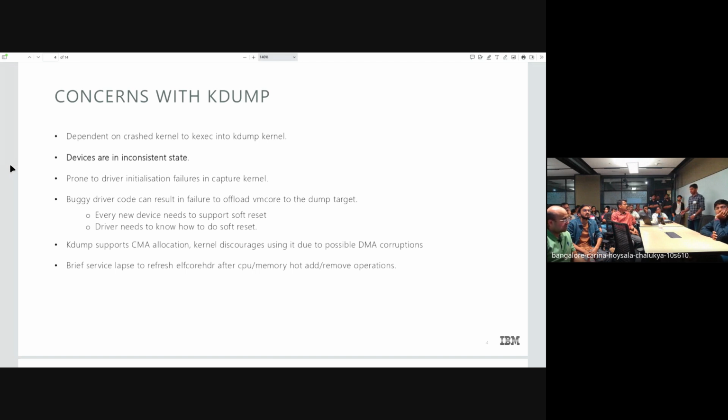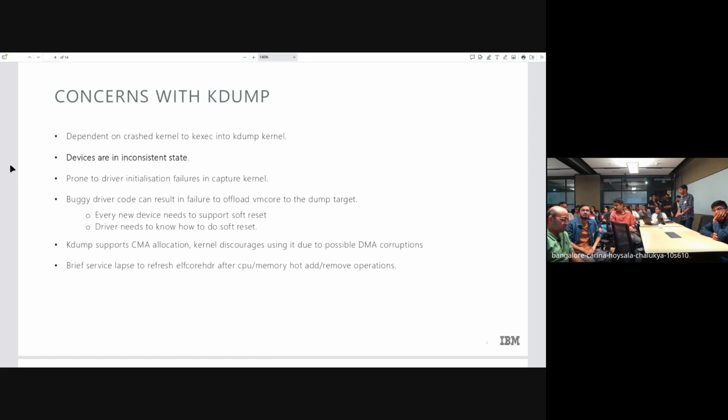The memory regions changed, the number of CPUs changed. That needs to be updated. So every time a hot add or remove happens, the elf core header needs to be changed. And if a crash happens in this brief amount of time while the elf core header is being updated, we will get an incomplete dump. All these are hard to recreate, hard to debug issues, which can occur due to the inherent issues of kdump.